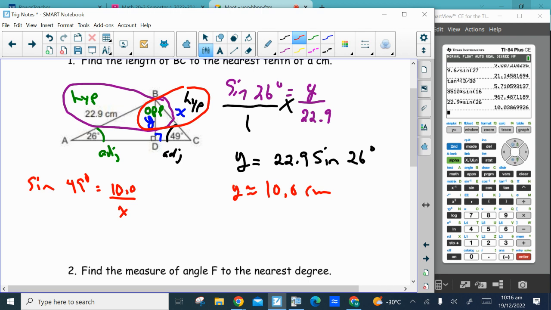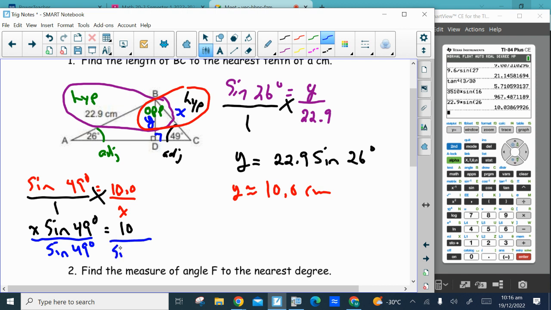We found the length of y in the previous equation to be 10.0, which was a rounded value. Make both sides a fraction, so we can cross multiply. We'll get x times the sine of 49 degrees equals 10. And now we'll divide both sides by sine of 49 degrees.